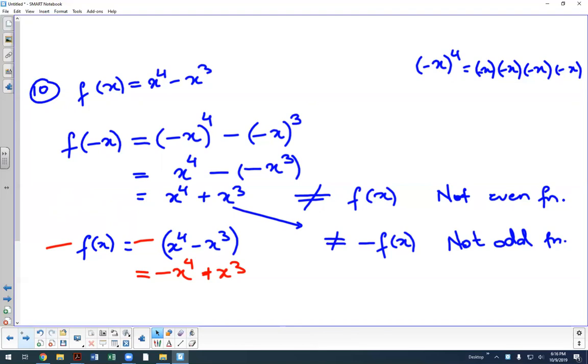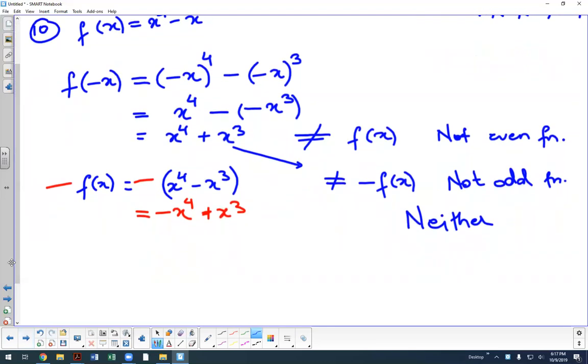So since these guys don't match, that means I don't have an odd function either. So since I don't have an even function, I don't have an odd function, our conclusion should be this is neither. And since it's neither, we can say there is no symmetry.